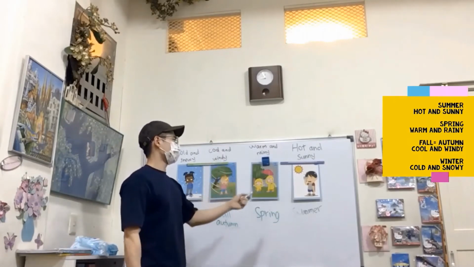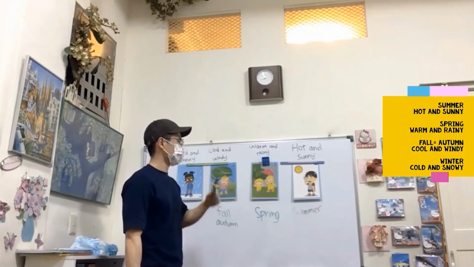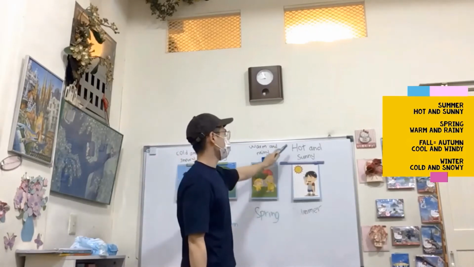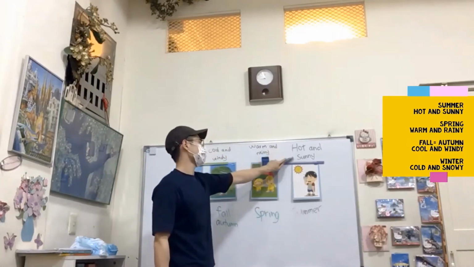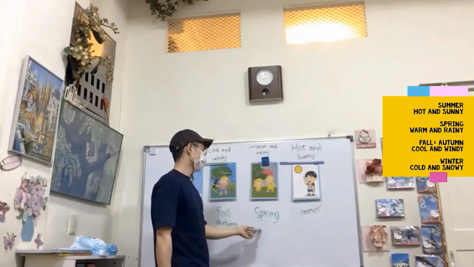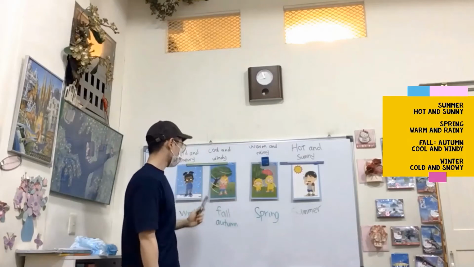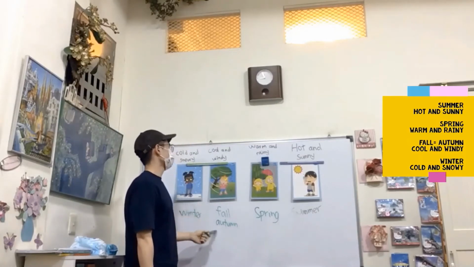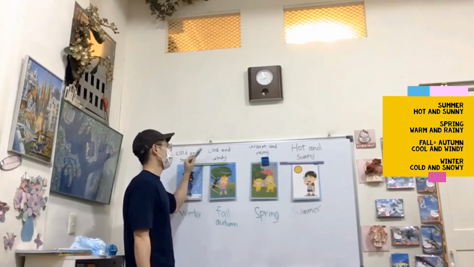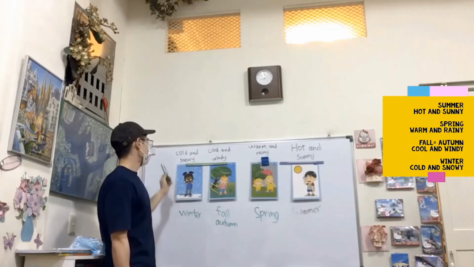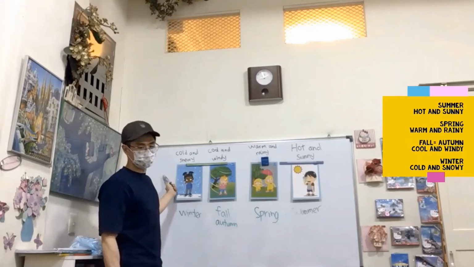And the weather that is associated with each season. Okay, so in summer, the weather is usually hot and sunny. In spring, the weather is warm and rainy. In fall or autumn, the weather is cool and windy. And lastly, in winter, the weather is cold and snowy.